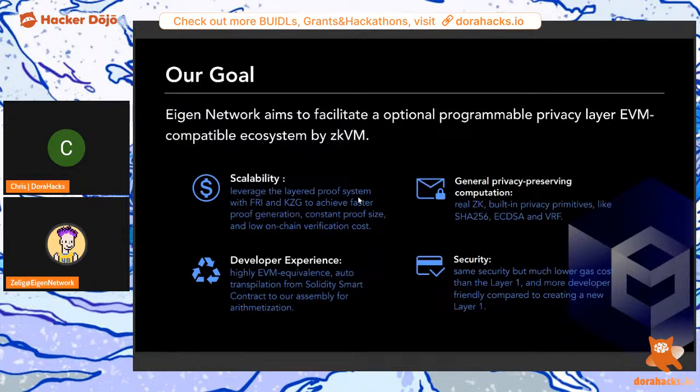We take developer experience very seriously. We have high EVM equivalence, auto translation from Solidity smart contracts to our assembly, and the same security but much lower gas costs than layer 1, and more developer-friendly compared to creating a new layer 1.